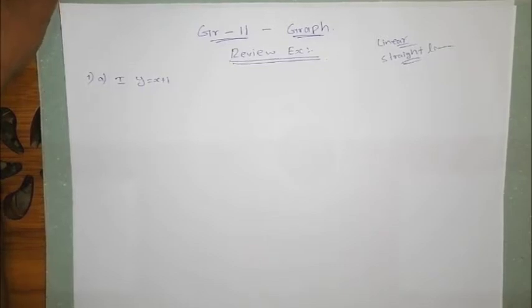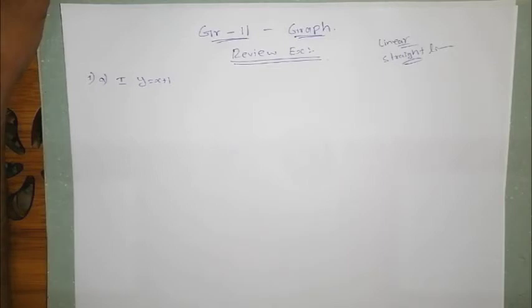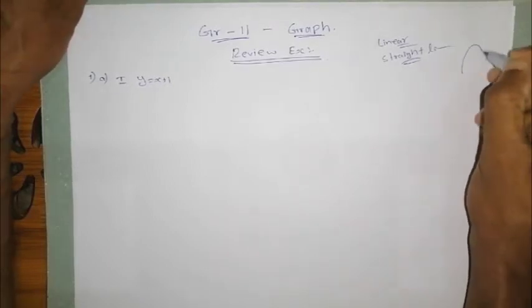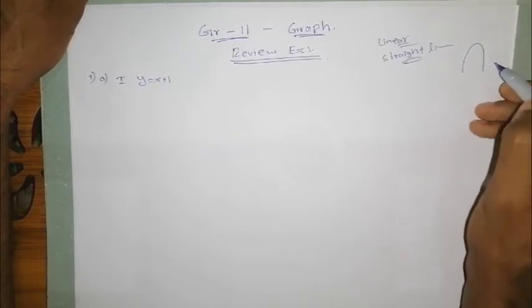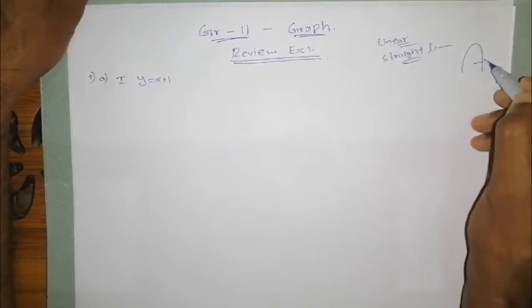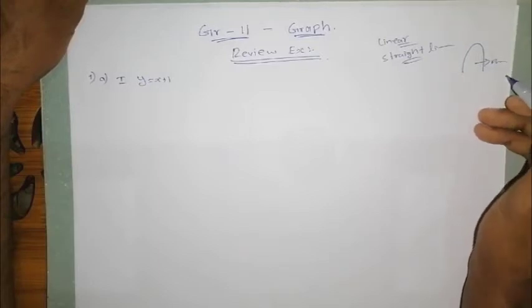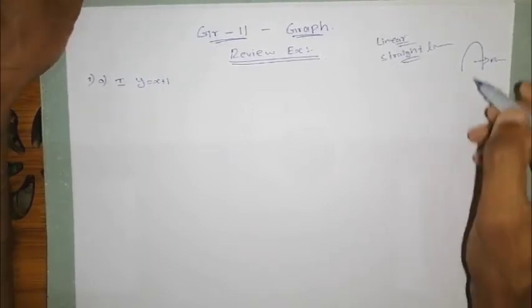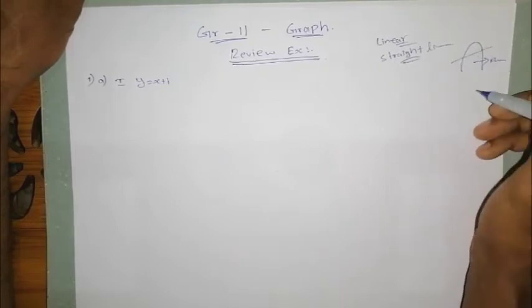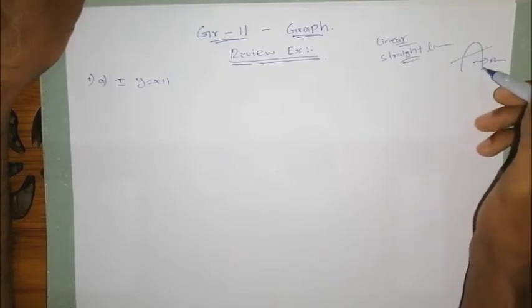You all know, if you recall grade 10 linear graphs, that drawing a parabola takes some time. So we discussed some questions on drawing a parabola, and now we draw a straight line graph after the parabola.